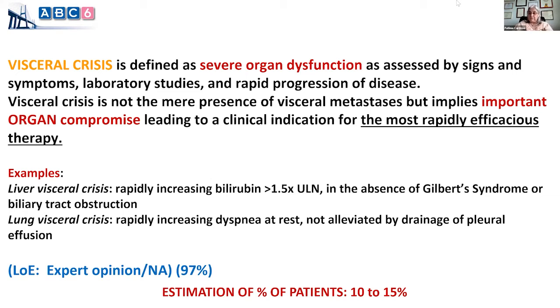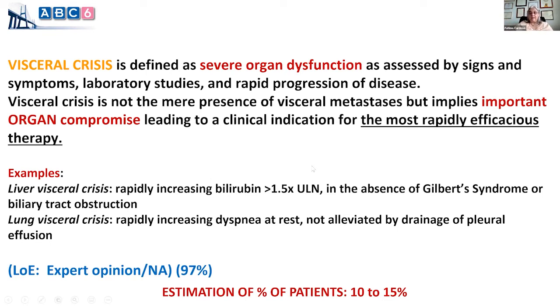So it's very different, because another common mistake in oncology is to think that when we have liver metastases or lung metastases, we always have to give chemotherapy. That is not true. You always have to give the most effective treatment, which is not always chemotherapy. But in some situations, when the organ is not functioning well, you need something that acts faster, and chemotherapy acts faster.